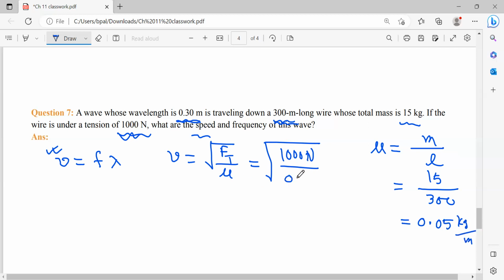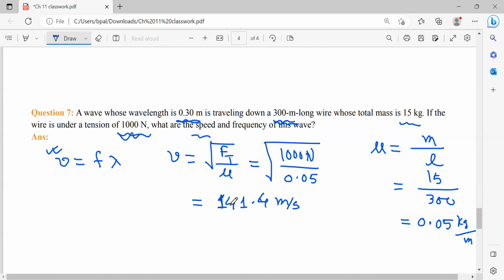So we have to plug this value here. This tells us that the speed of the wave is 141 meter per second. Okay, so this much is the speed. So this is the first one.